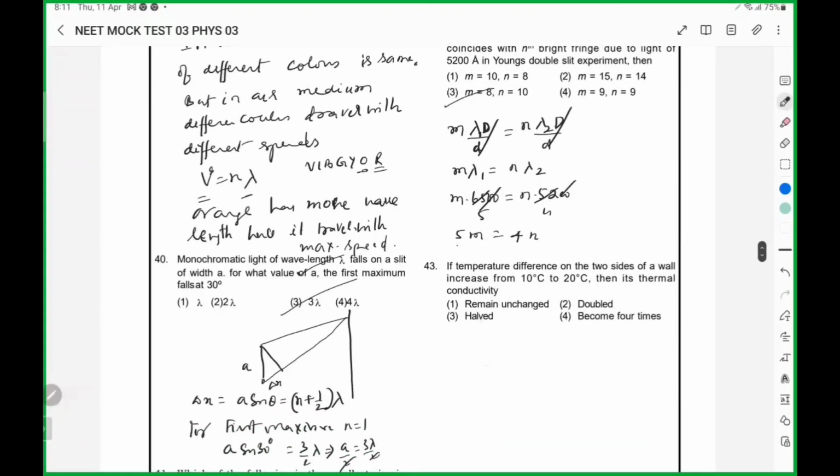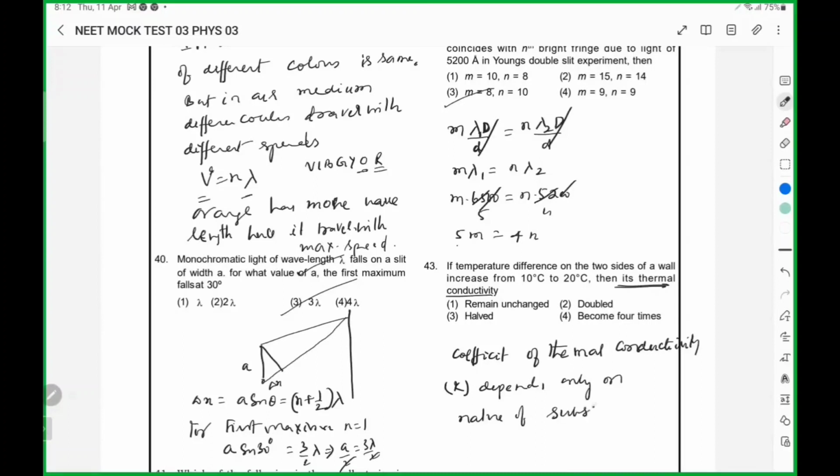Here, if the temperature difference is increased, then its thermal conductivity? So the coefficient of thermal conductivity K depends only on the nature of the substance.